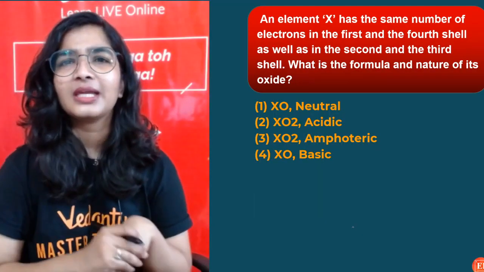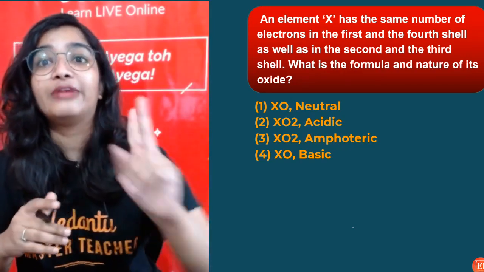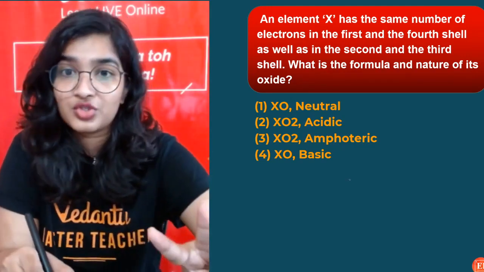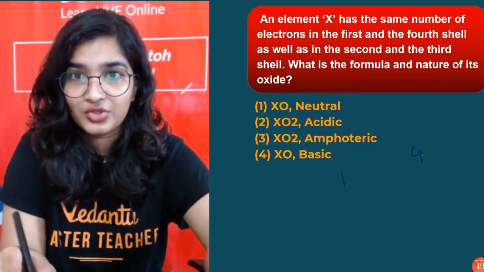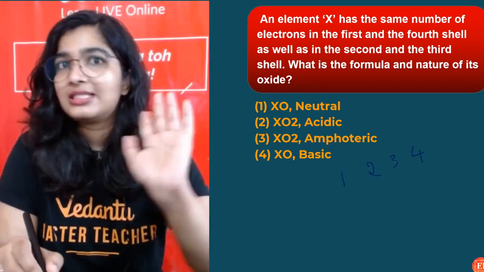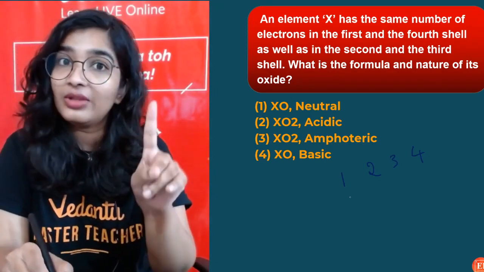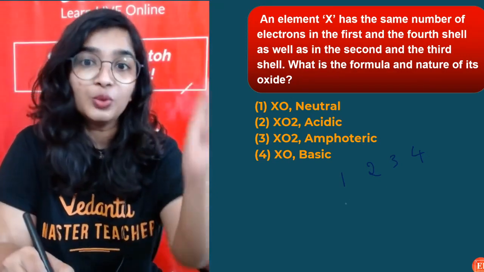Good. An element X has the same number of electrons in the first and fourth shell, as well as in the second and third shell. See, we know the electronic configuration, how the electrons are distributed. In the first shell, the maximum number is 2 electrons.